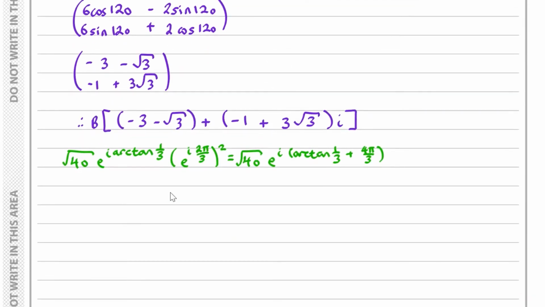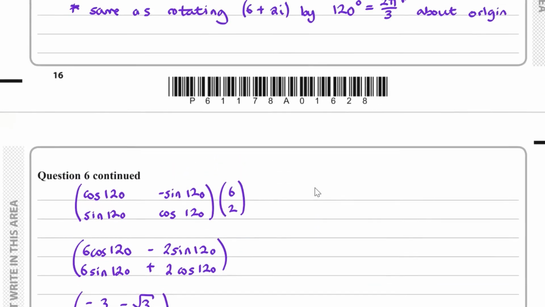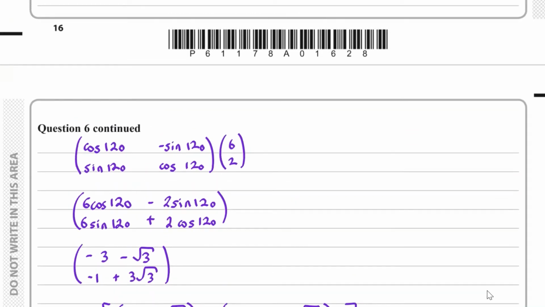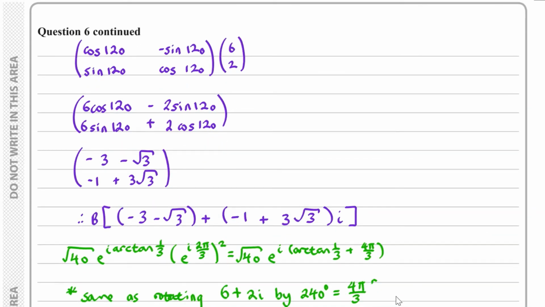So what we're doing over here then, 4 pi over 3, that's 240 degrees. So this is the same as rotating this point 6 plus 2i by 240 degrees, or if you want to leave that in radians, 4 pi over 3 radians about the origin.